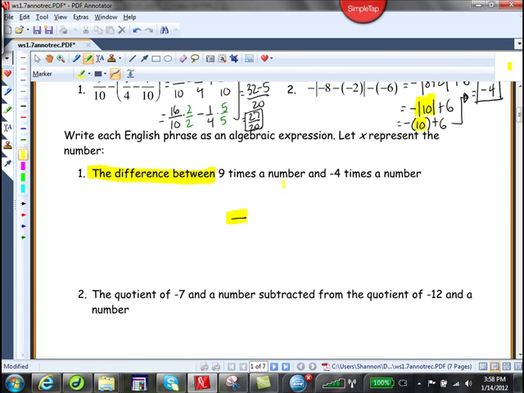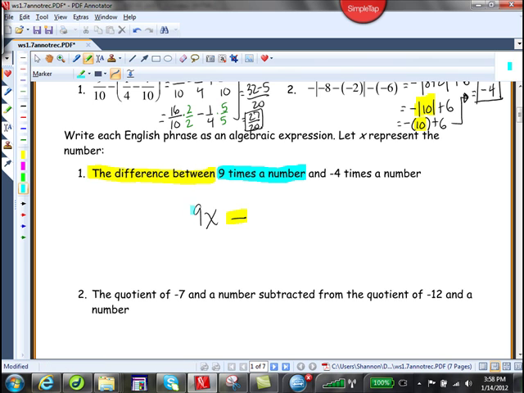And then the next statement is going to be the first quantity, and then the second statement will be the other quantity. So here we go. 9 times a number. Well, the directions had said to let x represent the number. So 9 times a number would be 9 times x.